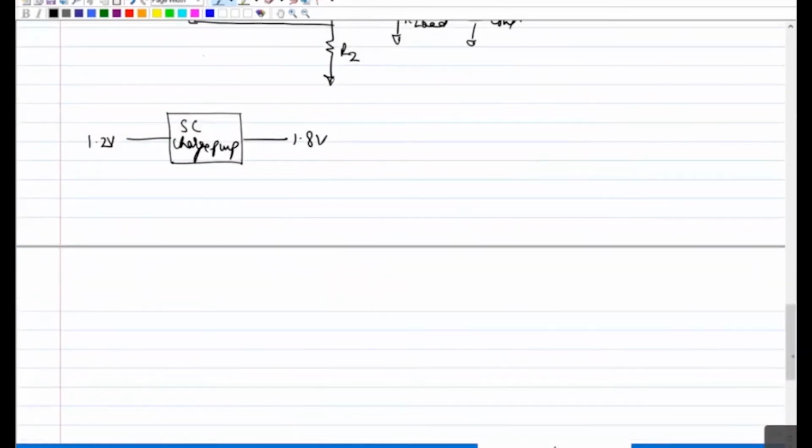So the switched-cap charge pump we will discuss later in the course when we discuss switching regulators.